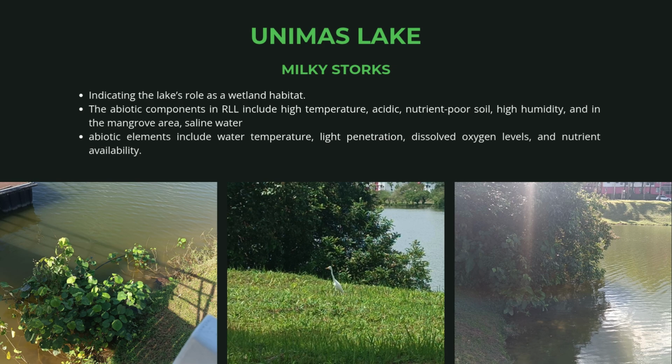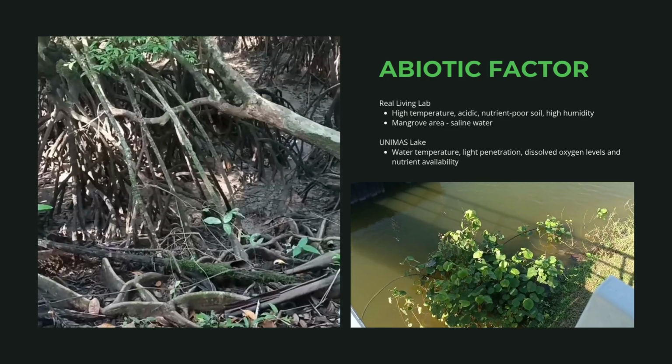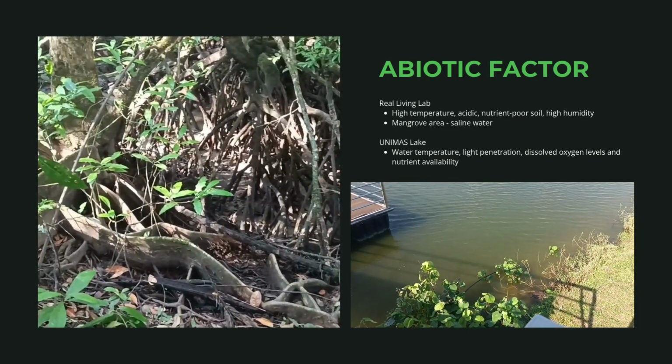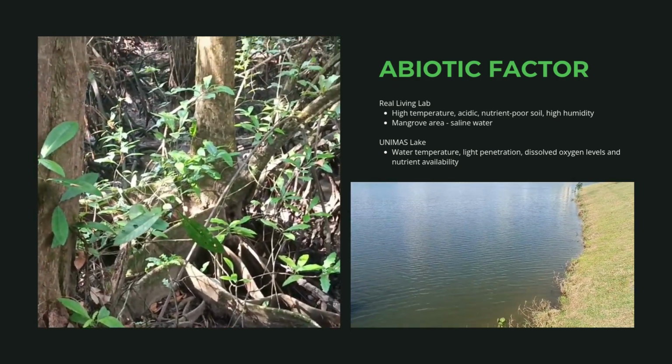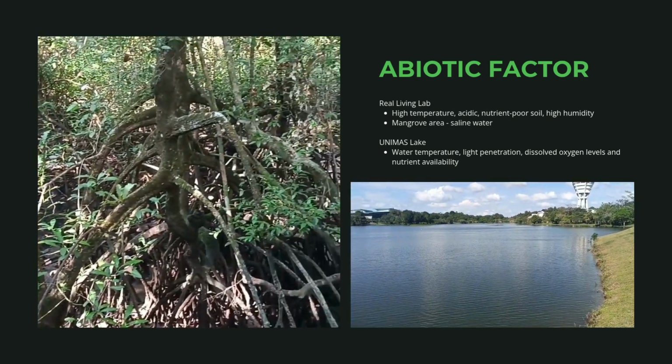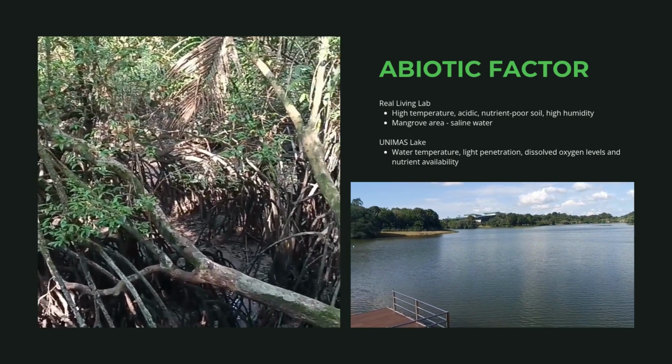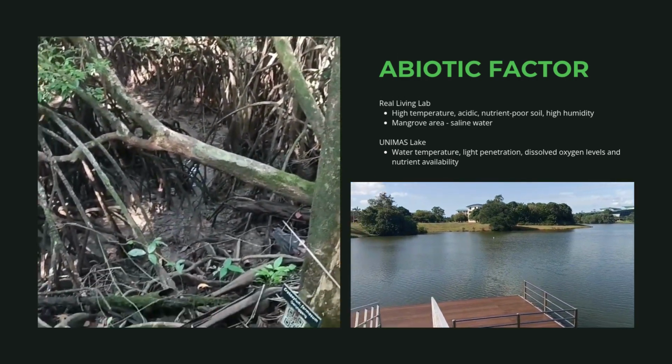At the UNIMAS Lake, we spotted milky storks foraging along the lake edges, indicating the lake shore as a wetland habitat. We also saw some aquatic vegetation, though species diversity was relatively low. The abiotic components in the Real Living Lab include high temperature, acidic, nutrient-poor soil, high humidity, and in the mangrove area, saline water.